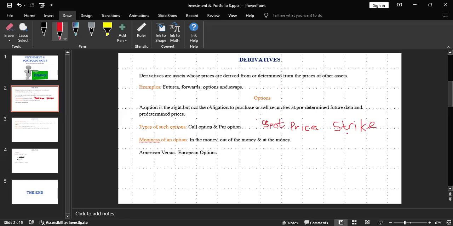Now if the person purchases and it happens that the strike price is lower than the spot price, then the person has made a gain, and as it's making a gain, we call it in the money.